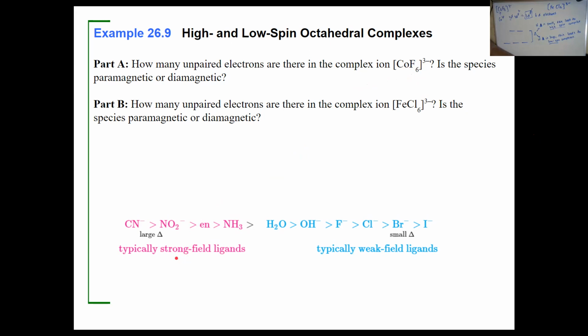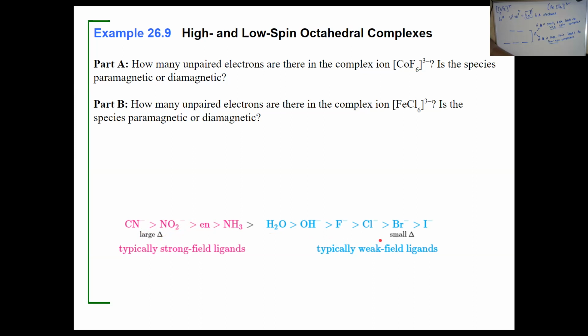So you see these ligands over here, they're called strong field ligands, and these have a large delta value. If your central metal is attached to a strong field ligand, then you're going to have a low spin complex because you're going to have such a large space between those energy levels, and that top level is going to be at a much higher energy than the lower one.